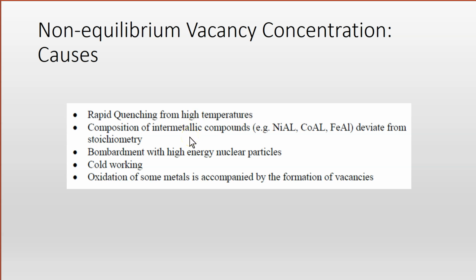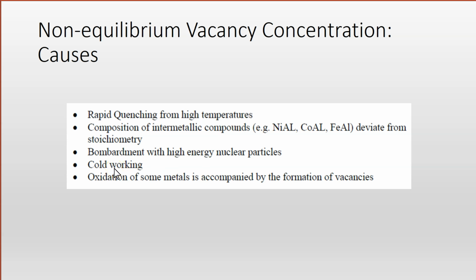The composition of compounds, of intermetallic compounds in particular, could have been created from a melt that deviates from the stoichiometry, which is the ratio in which the elements occur in the compound. If the material is bombarded with high energy nuclear particles, we can increase the number of vacancies.